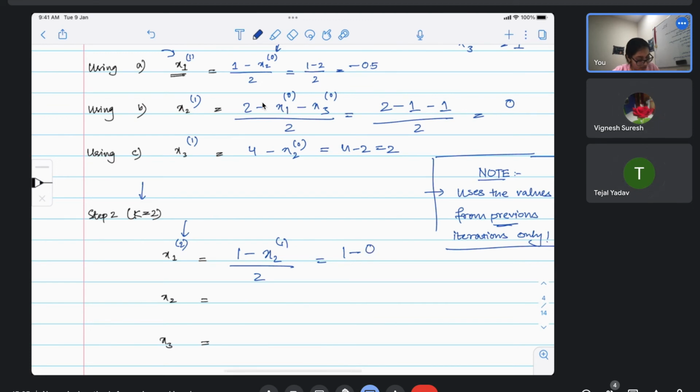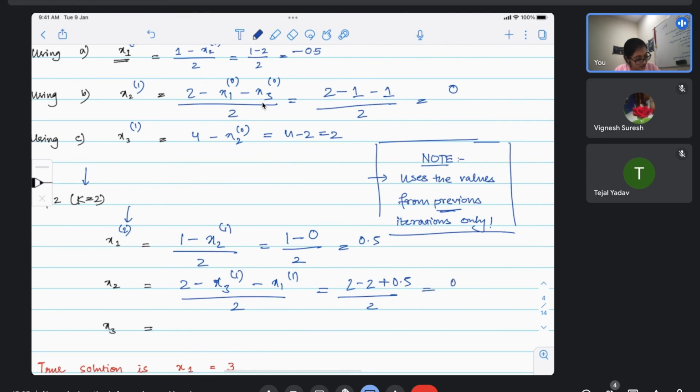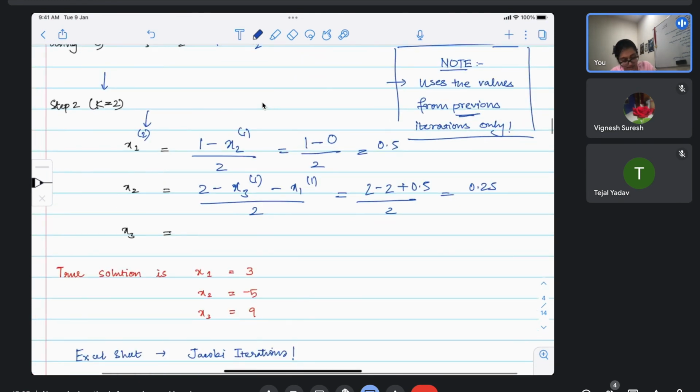Right, very good. So divided by 2, this is going to be 0.5. x2 is going to be 2 minus x3 of the first iteration minus x1 of the first iteration divided by 2, which is 2 minus 2 plus 0.5 divided by 2, finally giving 0.25. And x3 is 4 minus x2 of the first iteration, which is 4 minus 0, basically 4.